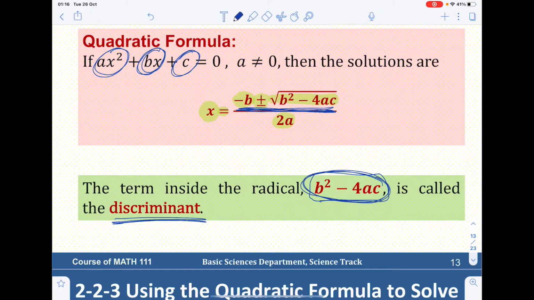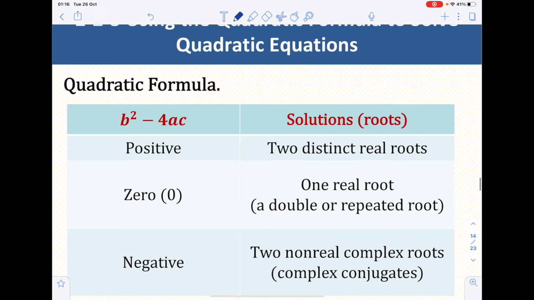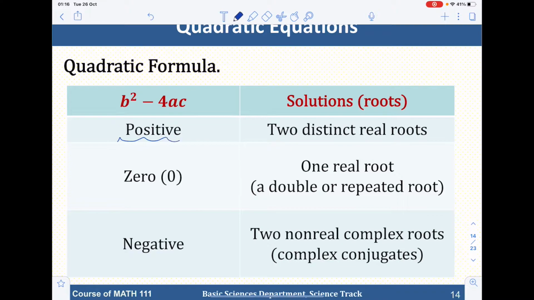What's the benefit of the discriminant? When the discriminant is positive, it means that the quadratic equation has two distinct real solutions, or real roots. So we have two different solutions if this is positive.